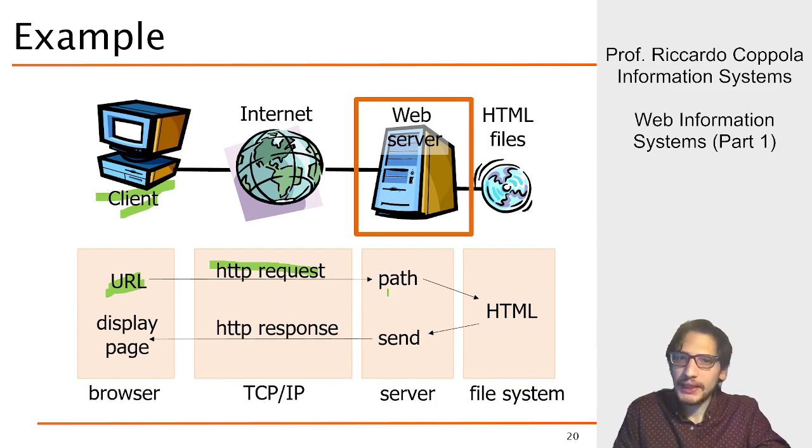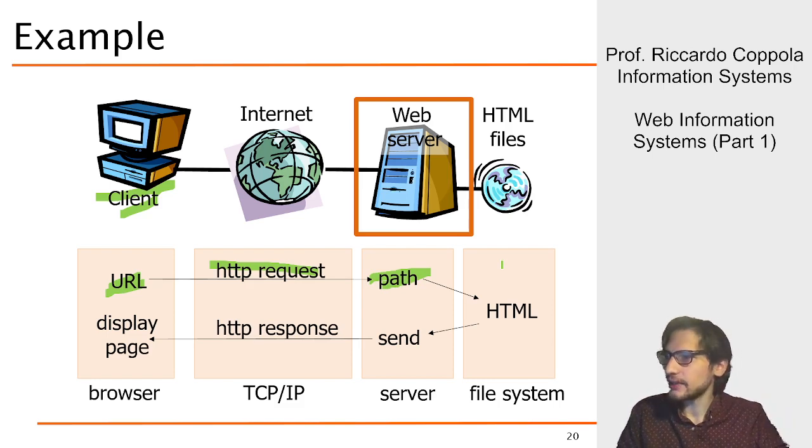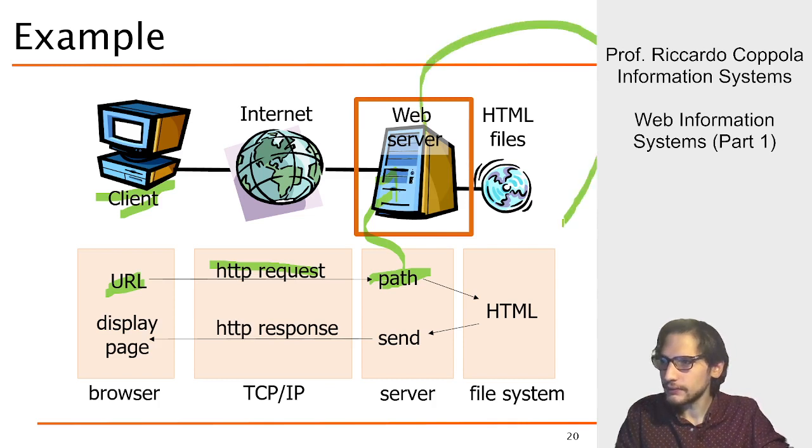The server receives this request and finds inside the request the so-called path. The path is the address inside the server this time of some resource. So the path allows me to get some resource inside the web server, for instance an HTML file.